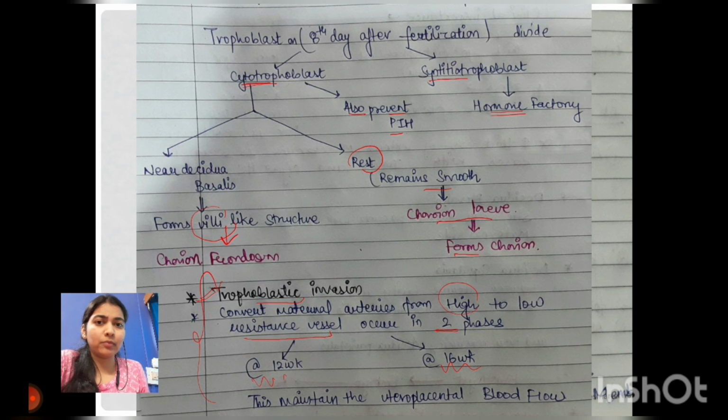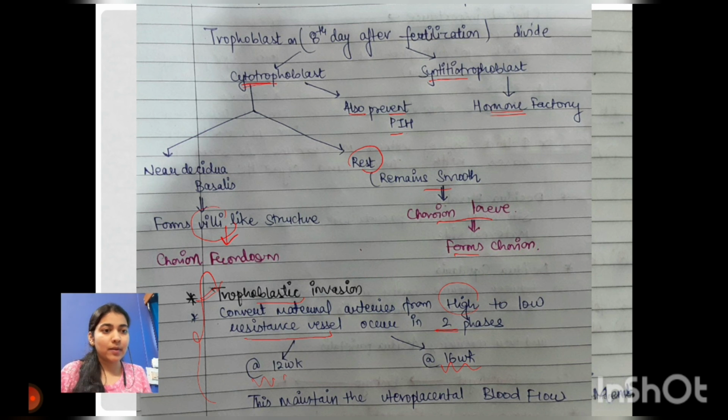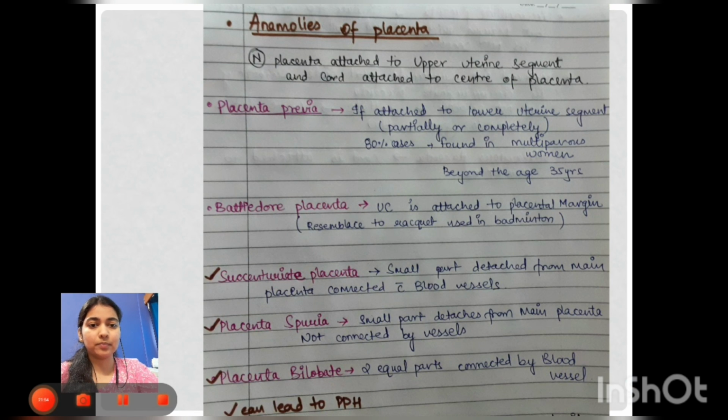I will make videos on PIH also, where we will discuss it in more detail. Trophoblastic invasion is important to maintain the uteroplacental blood flow.